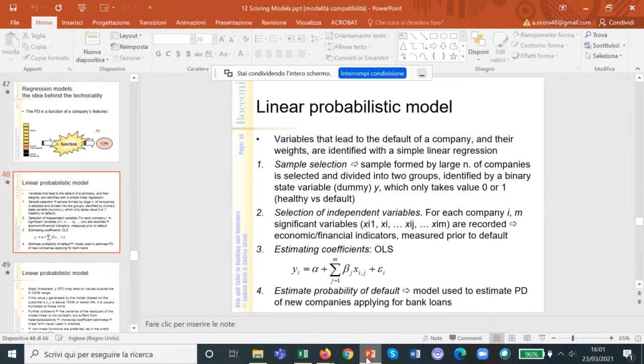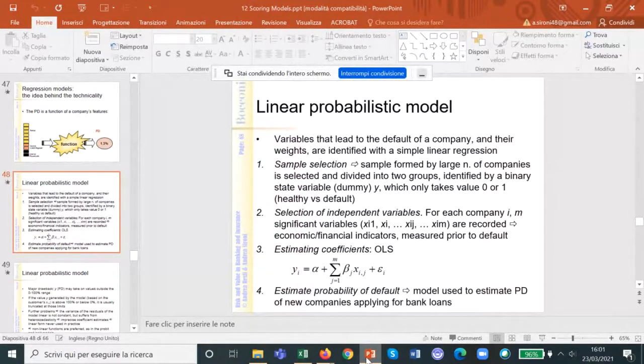So again, we take, say, 500 companies in the past, and after 1 year, we see, for example, that 50 of them actually defaulted. So these 50 companies, we give to the dependent variable a value of 1. All of those which did not default have zeros, okay? So our dependent variable y can take a value of 0 or 1, depending on whether the company defaulted, okay?